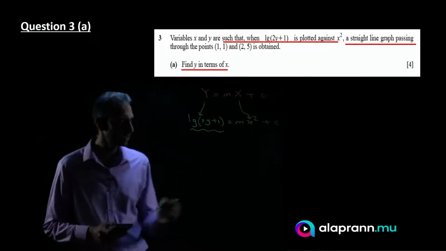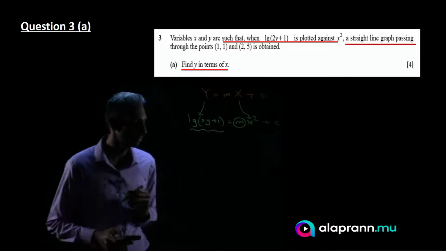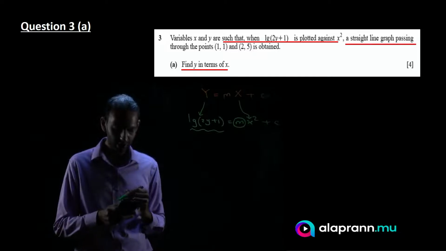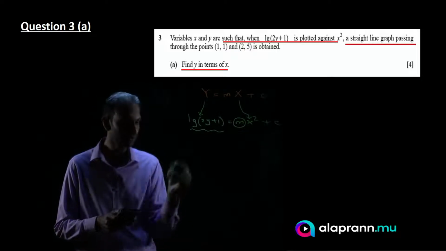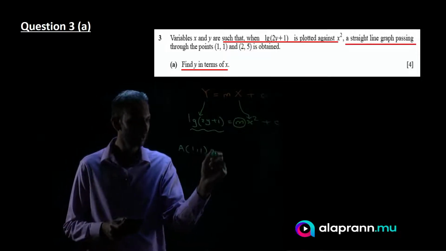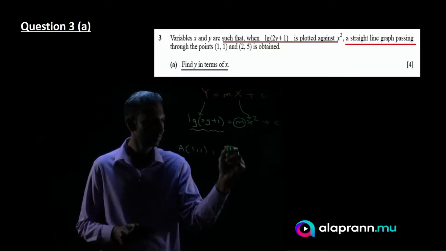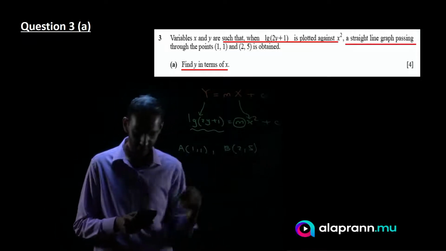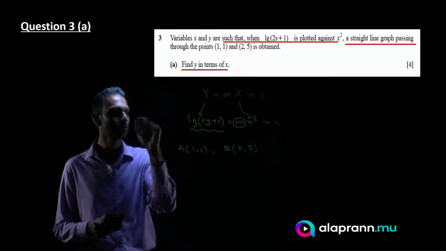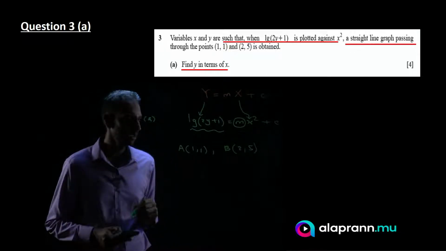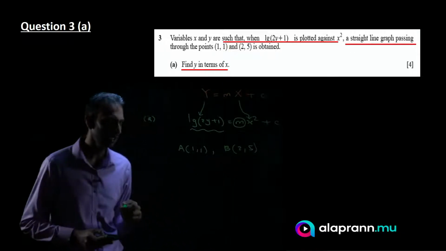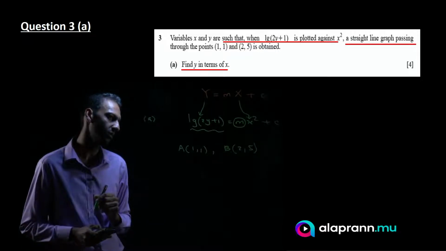Now the nice thing is you can find the gradient, which is very simple, because the line is passing through 2 points. Let's call them A, (1, 1), which is given in the question, and B, which is (2, 5). So remember, we are solving part 1. Now, we have 2 points, we can surely find the gradient of the line.